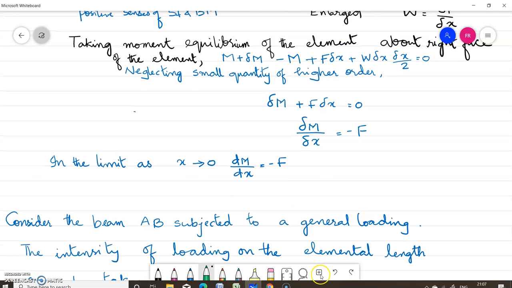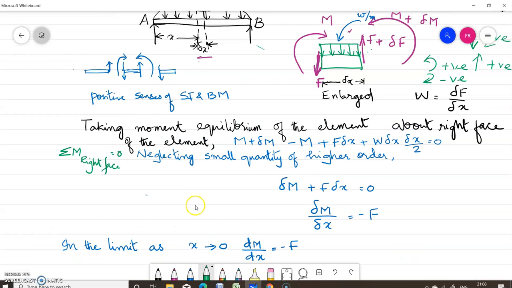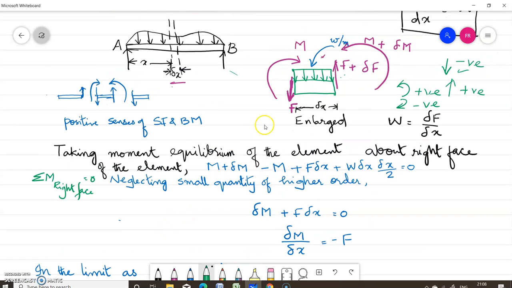Okay. Now let us consider the moment equilibrium. We are taking sigma M about the right face of the elemental length equal to 0. What are the moments acting? Let us take the moment of all these forces about the right face of this elemental length delta x.